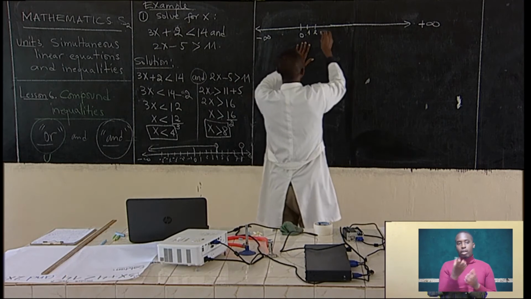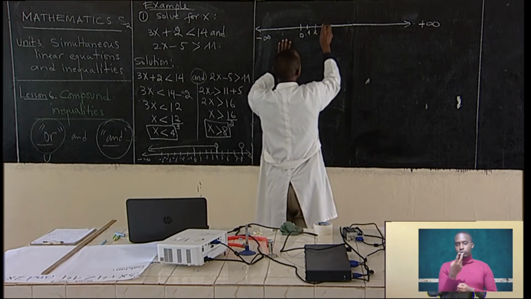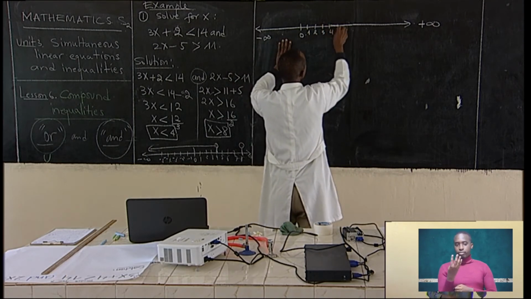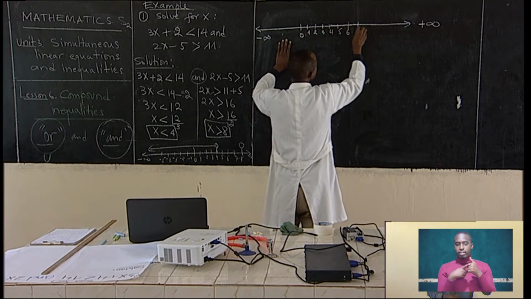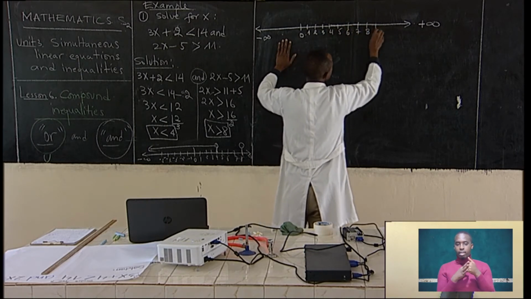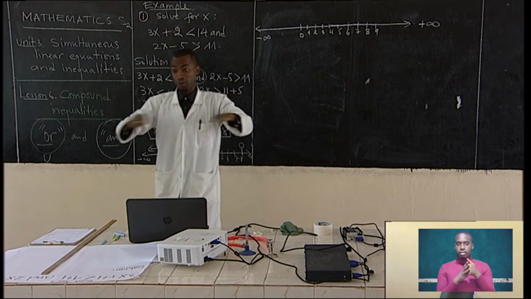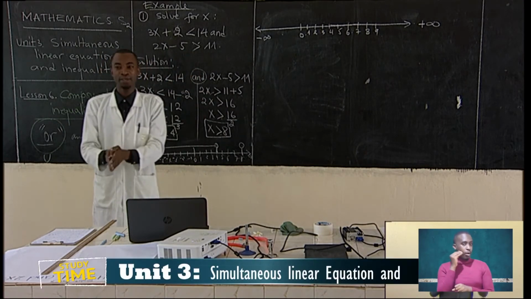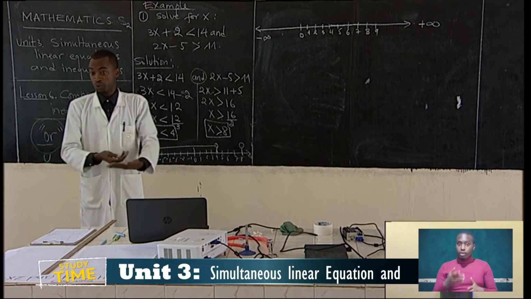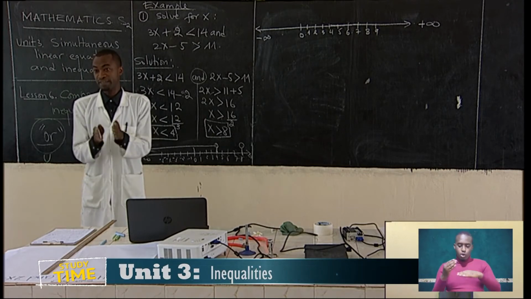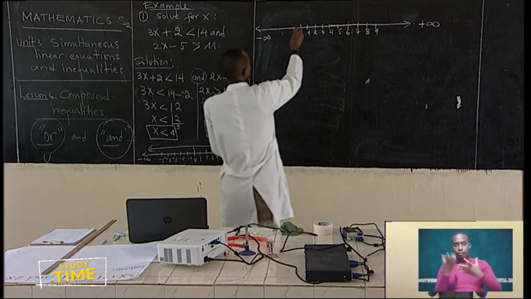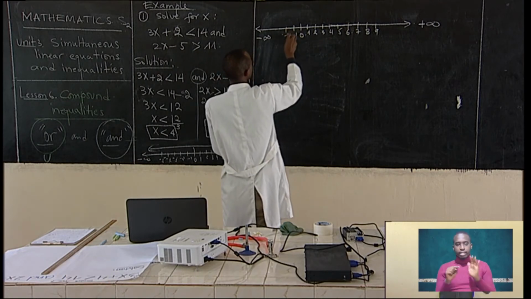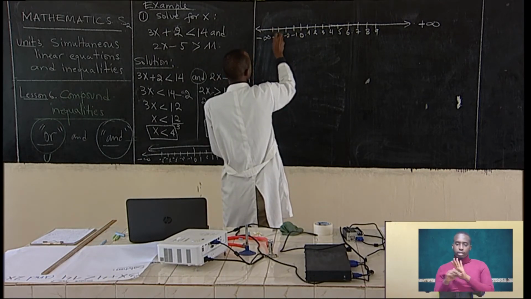So we have now 1, 2, 3, 4, 5, 6, 7, 8, 9. And I'm trying to graduate it without measuring. But of course, when you are doing so at home or maybe in class, you need to use a ruler so that you can have the same size. Here we have negative 1, negative 2, negative 3, and negative 4.